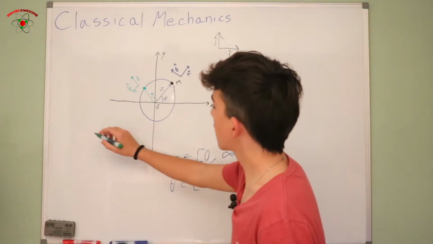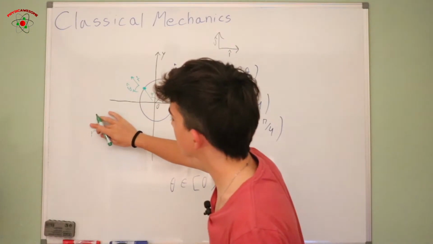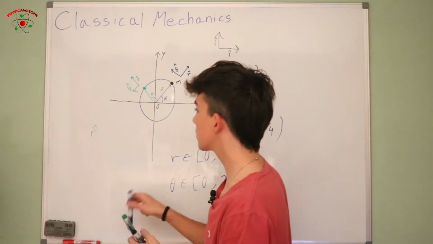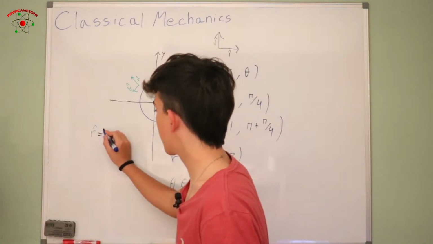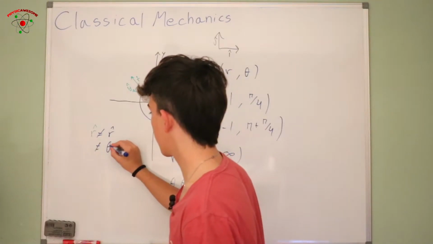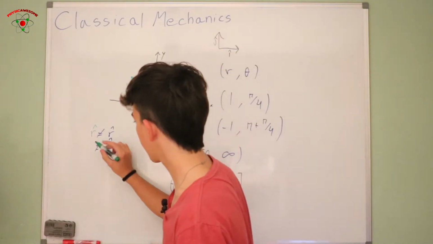The r hat in green, the position vector, will not be equal to the blue r hat. And the same will happen with theta hat. They will be completely different.